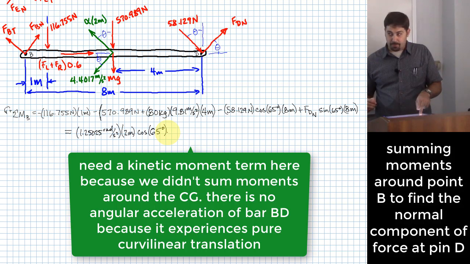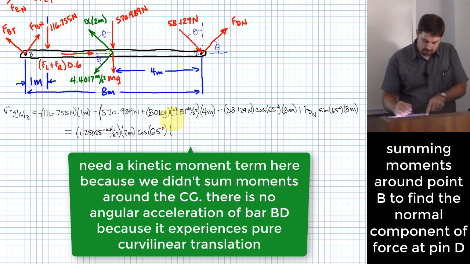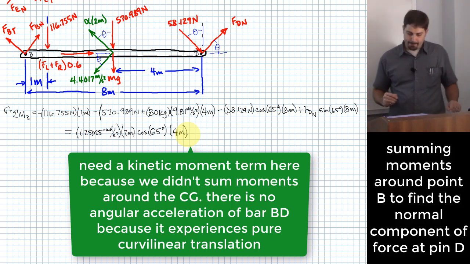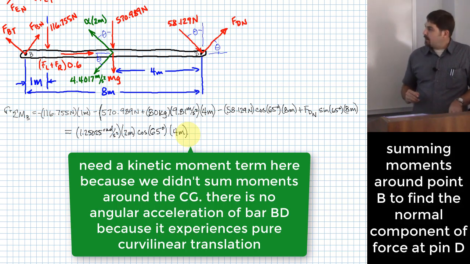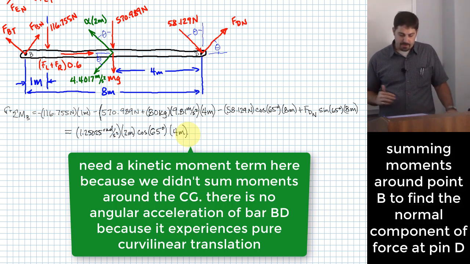And you need to multiply by the length as well, right? So you need to also multiply by 4 meters. That gives me an acceleration times a length.